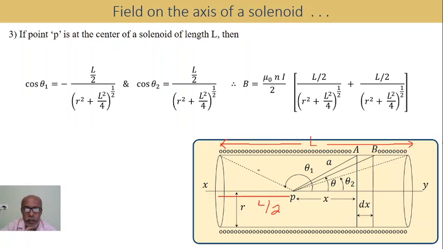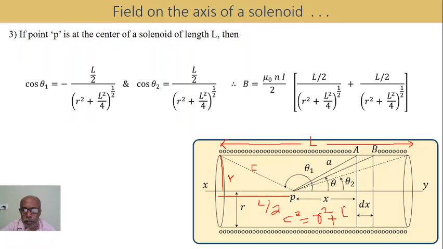From Pythagoras theorem, the square of the hypotenuse is equal to the sum of the squares of the other two sides. Let me take this hypotenuse as C, and this side is R. Therefore C square equals R square plus L by 2 whole square, or L square by 4.